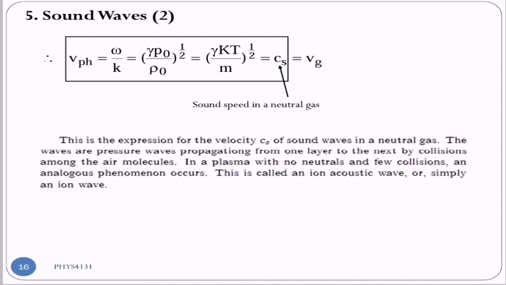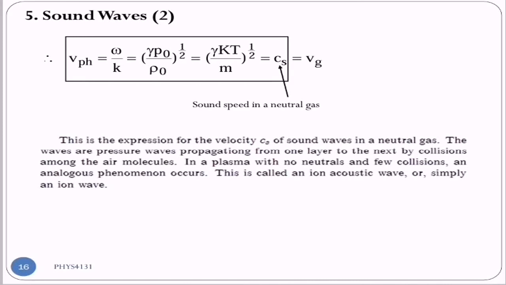The final equation for the speed of sound in a neutral gas is Vph, or phase velocity, equal to omega over k, which is equal to gamma p naught over rho naught to the power 1 over 2.